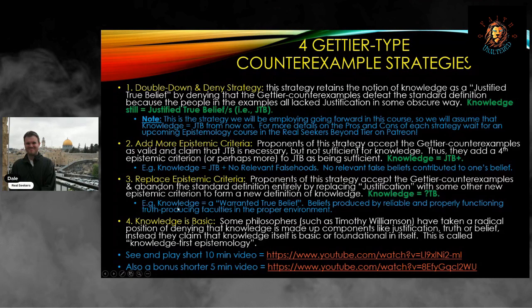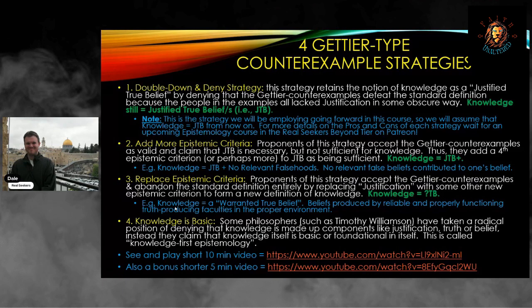And I said, this is the strategy I go for. I yank out justification, and I put in a reliabilist criterion called warrant. So I believe knowledge equals a warranted true belief. Basically, and essentially in a nutshell, warrant just refers to beliefs that are produced by reliable and properly functioning truth-producing faculties, successfully and properly functioning designed faculties.